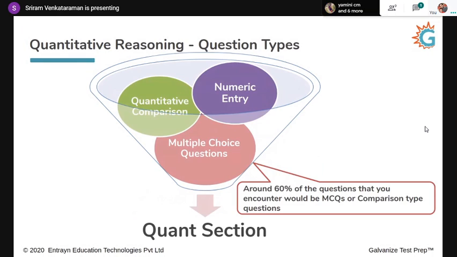In terms of the question types, you have different kinds of questions. You might have heard of quantitative comparison, which is probably unique to the GRE, where you have two quantities, quantity A and quantity B, and you're asked to determine the relationship between them.